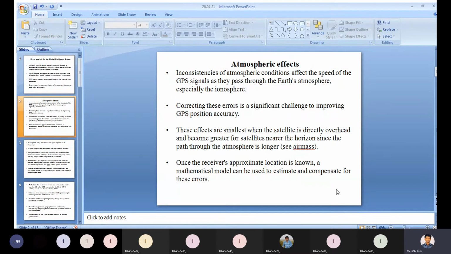So correcting these errors is a significant challenge. If you want to correct the errors we discussed, first the clock errors or GPS receiver errors, we have some propagation errors, right? And there are some errors like selective availability errors and ionospheric errors.